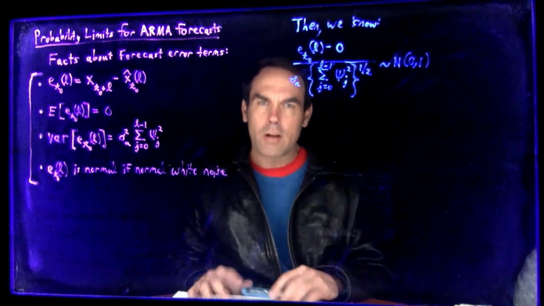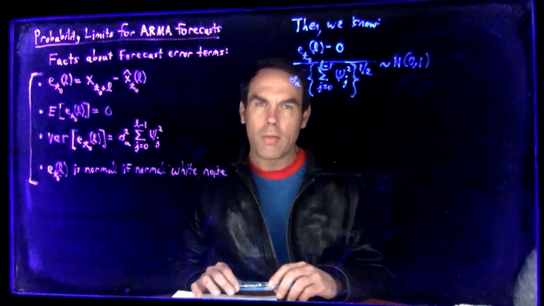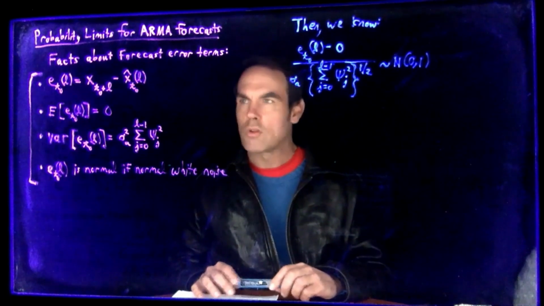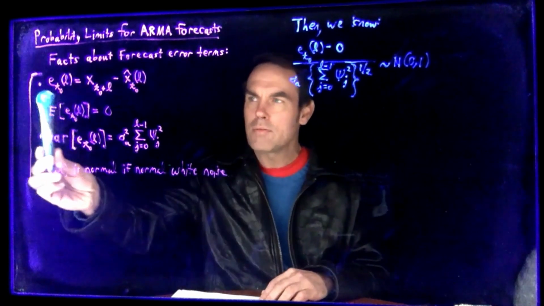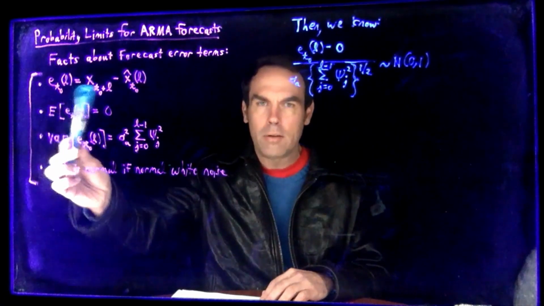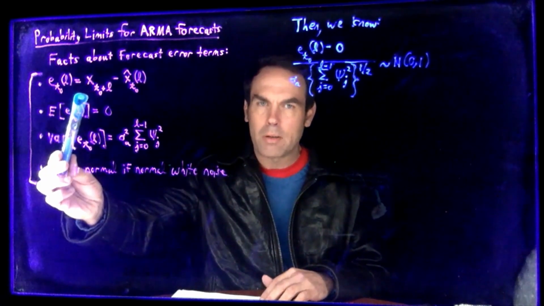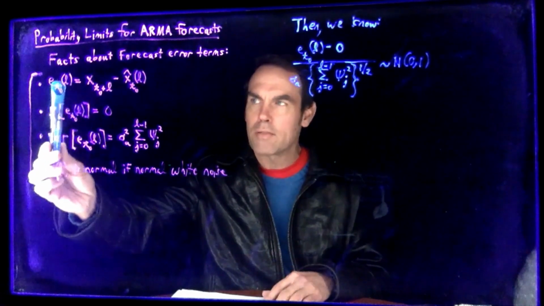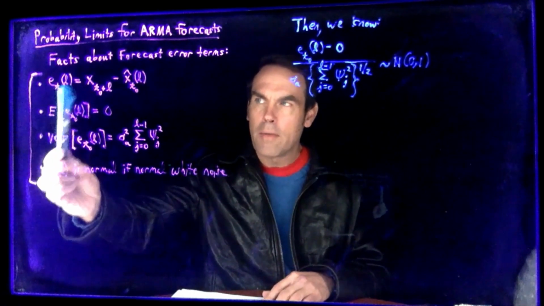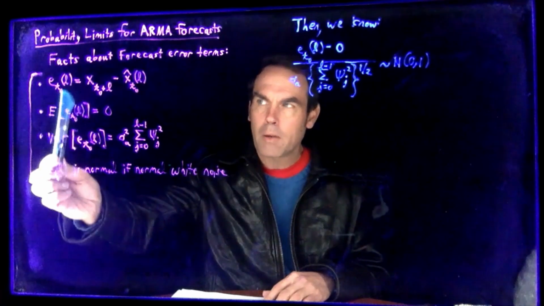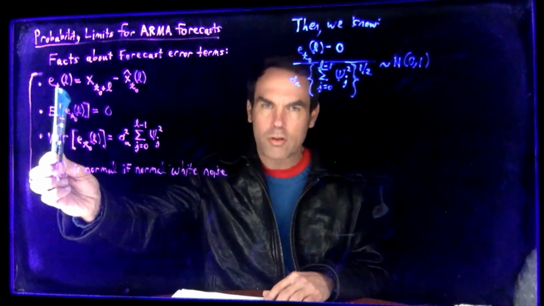So to get us started, let's review the forecast error term, which is given by e sub T naught of L. Remember the T naught of L notation. It's the same thing that it is for the forecast. That is, this is the forecast for L steps ahead where the forecast origin is T naught.